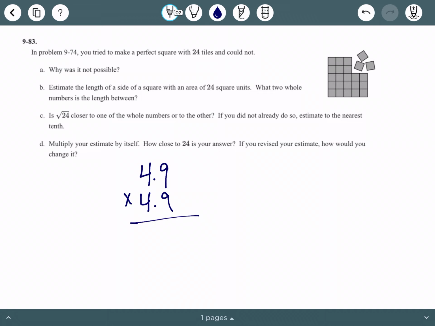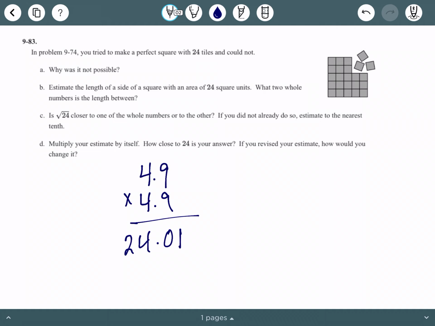If you want to work it out, you can. You could also just put it into your calculator. 4.9 times 4.9. When you multiply this, you are going to get 24.01, or 24 and 1 hundredth. That is extremely close to 24.